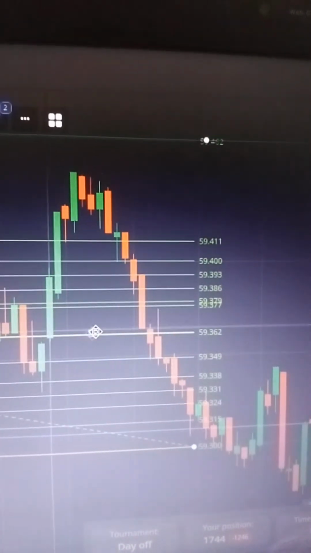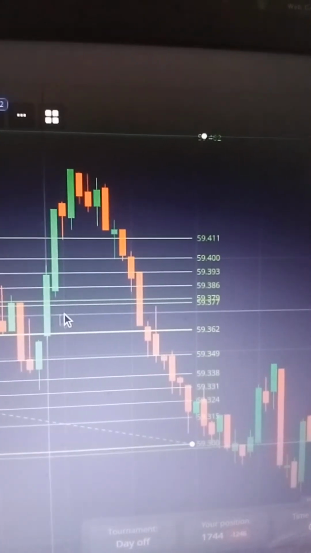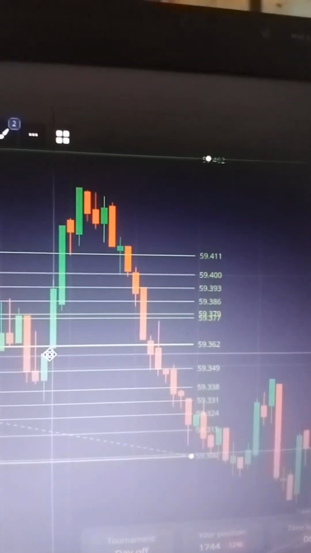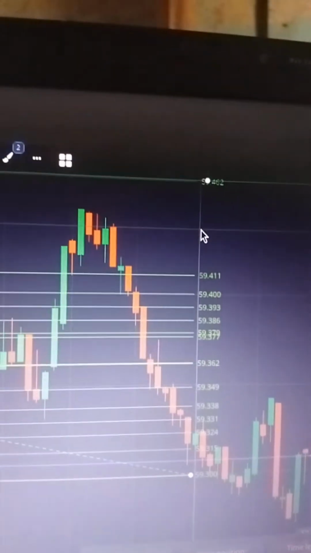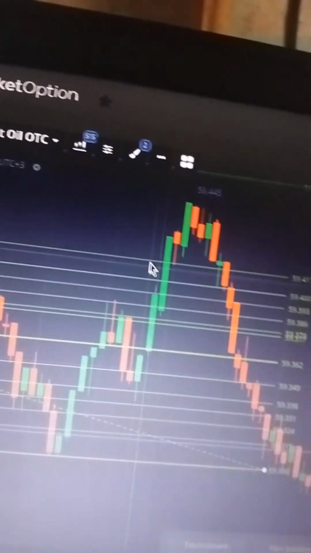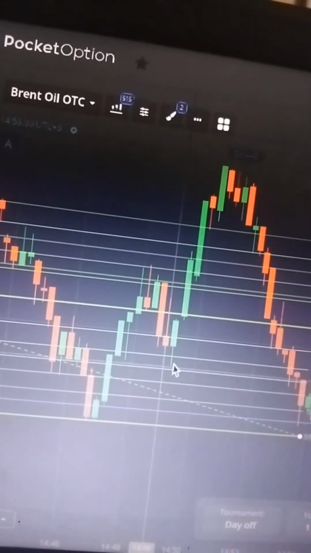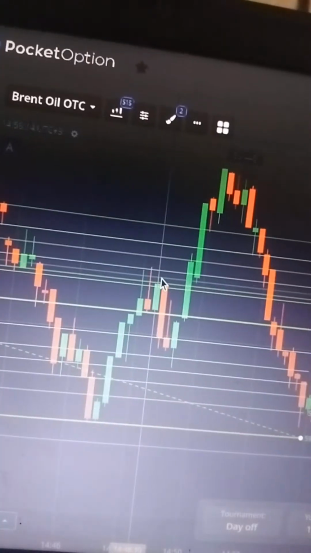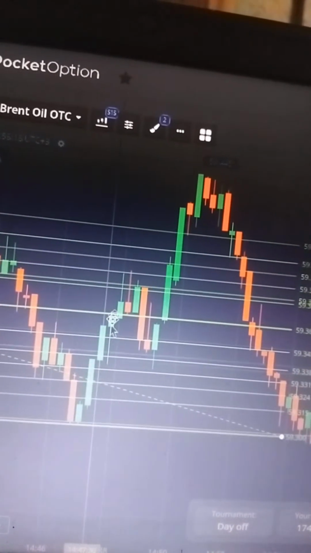We should have bounced off this discount here, this liquidity void, filling this one, and after that this should have been a bullish candle and continue trading higher. But what happened here is, of course, we had an entry down there with this swing high broken to the upside, with this swing low broken, so this makes this a dealing range.